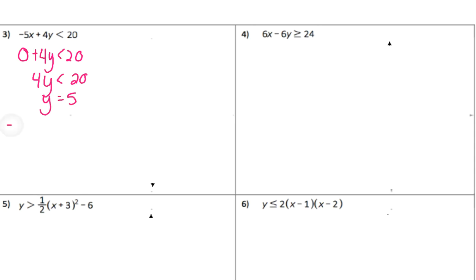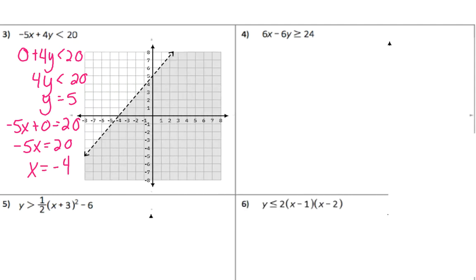I'm going to do the same thing for the x's. So plugging in 0 for y, we get negative 5x equals 20. And then I would know that my x-intercept is at negative 4. So since it's in standard form, I found my x and y-intercept because that's easier. Plot those and then make my graph.